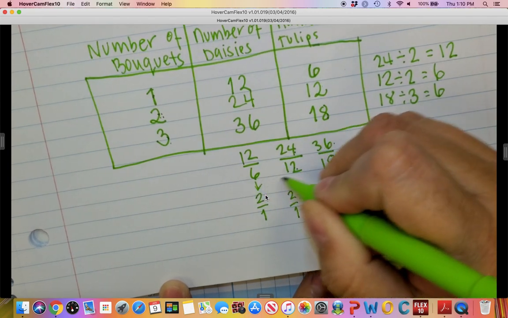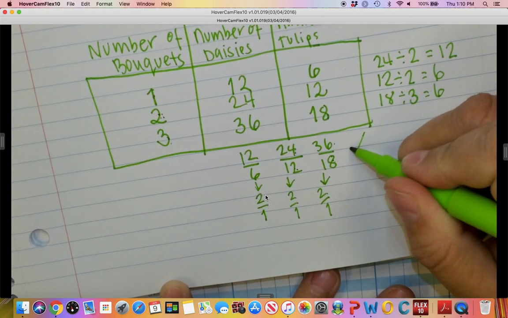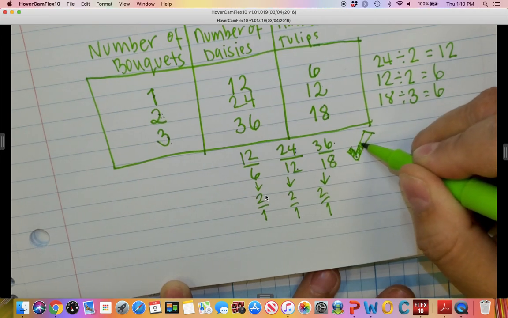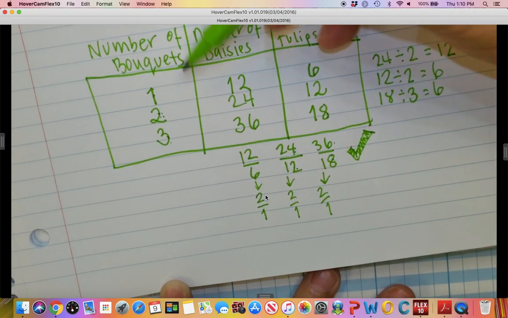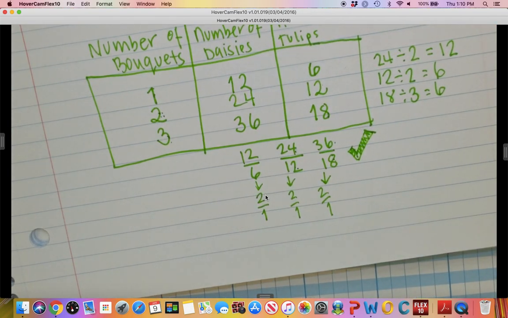So all of these are equivalent ratios. We know for sure because in their simplest form, they are all equal. And ratio tables can show you that they are all equal. And we know that we have that relationship.